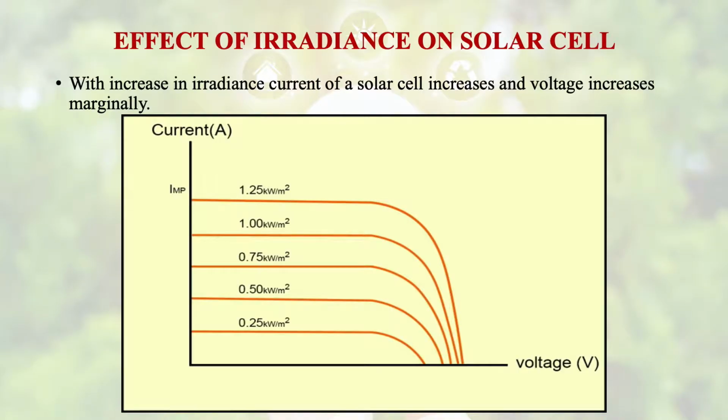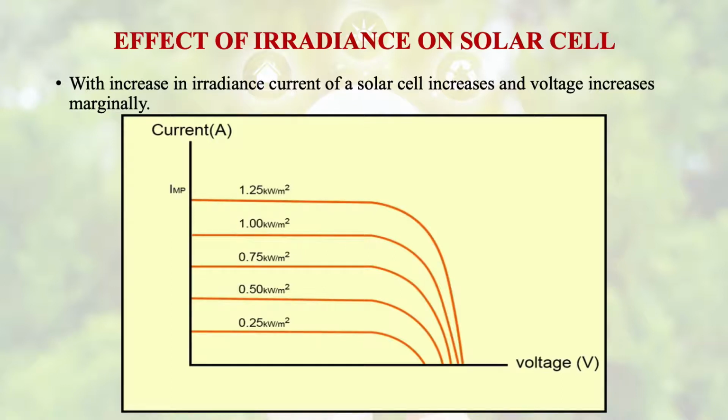Now we will see what is the effect of irradiance or solar insolation on the solar cell. When the intensity of the radiation which falls on the solar cell changes, you will see how it affects the current and voltage of the solar cell. You can see in the figure, with increase in irradiance or solar radiation, the current of a cell increases.